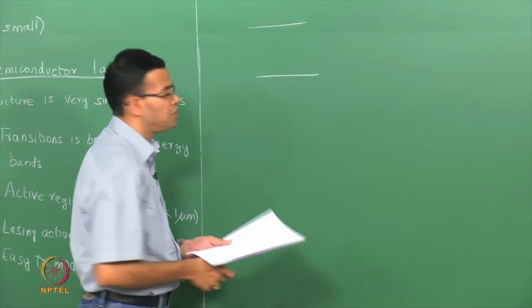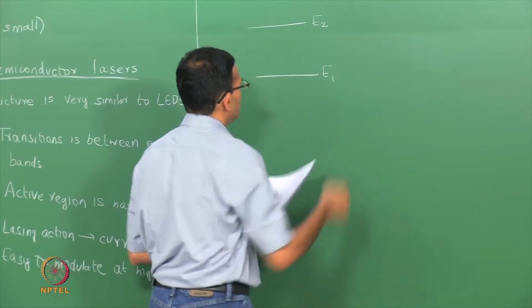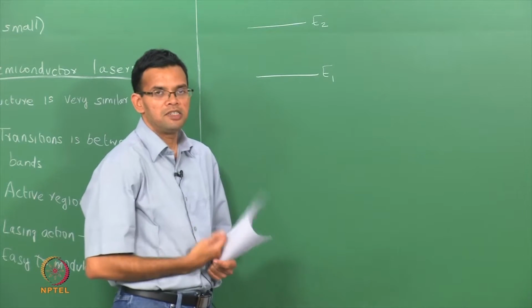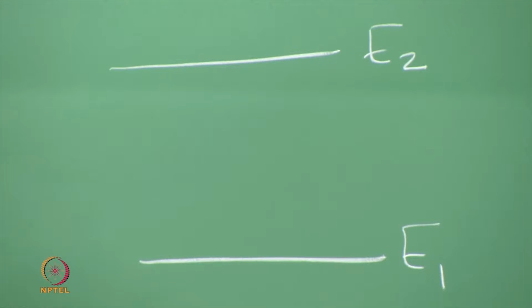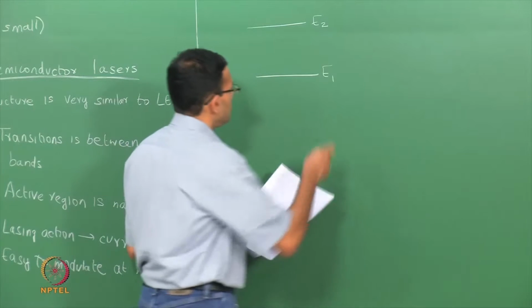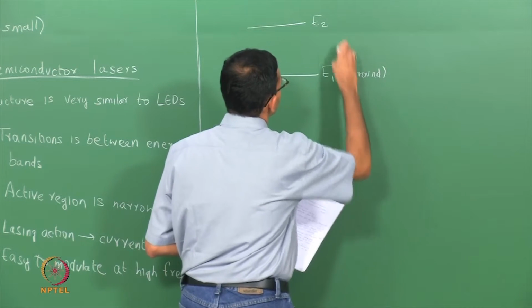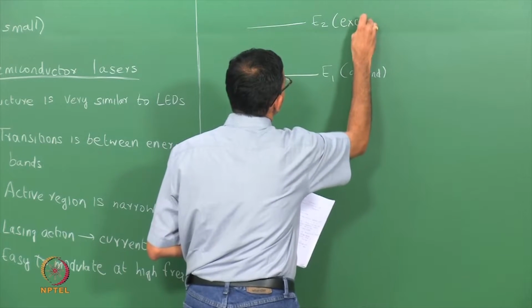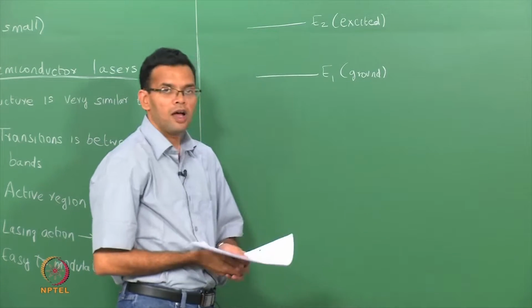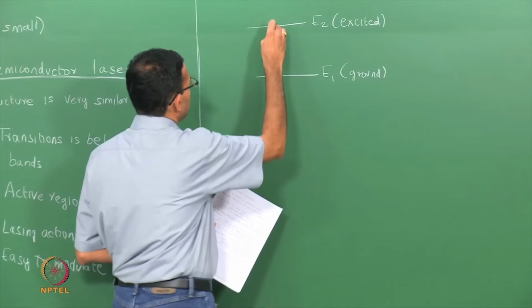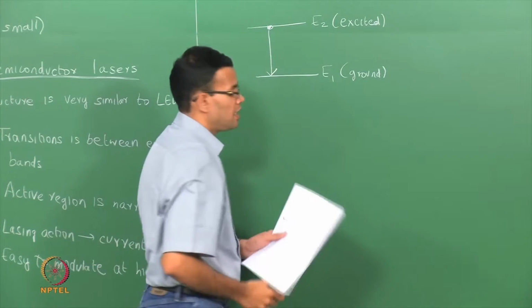I have two energy bands, we call one E2, the other E1. In a generalized sense, we can also think of E1 as the ground state and E2 as the excited state. So, I have an electron in the excited state, which basically relaxes back to the ground state.